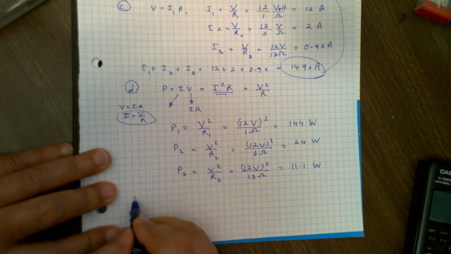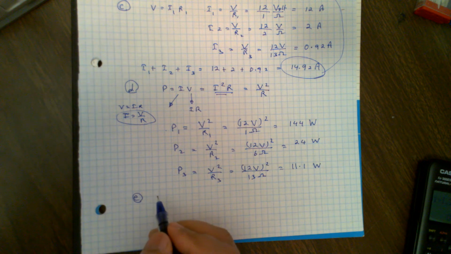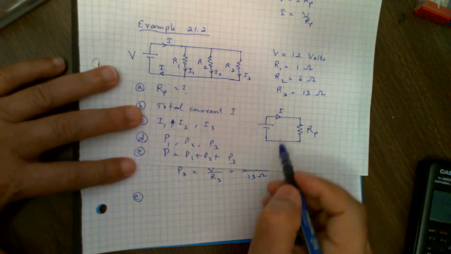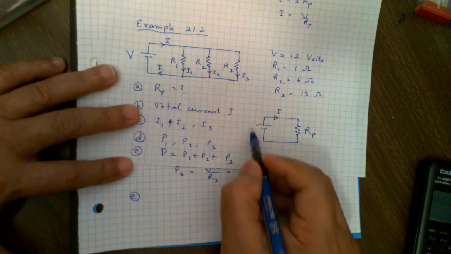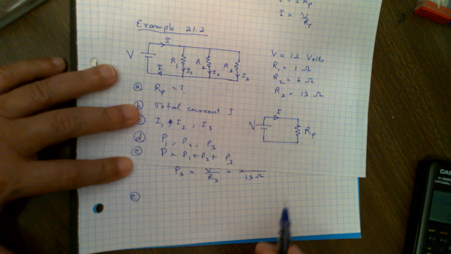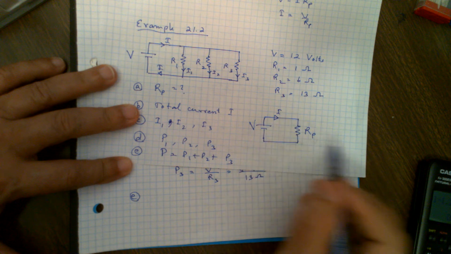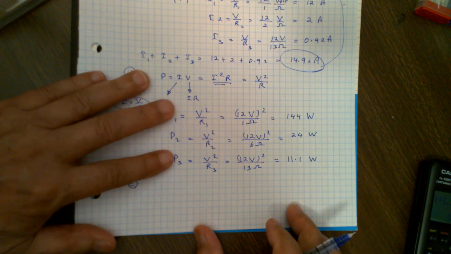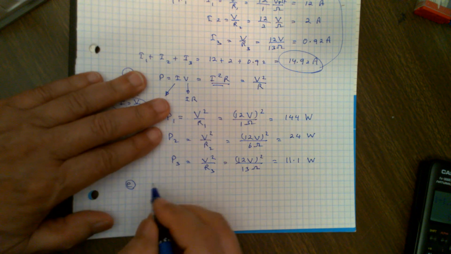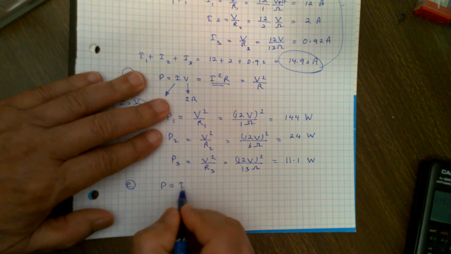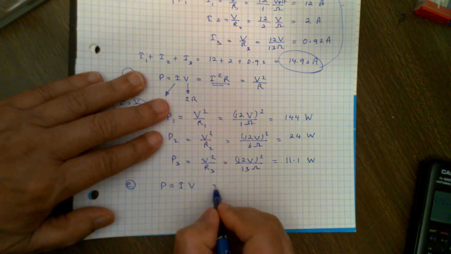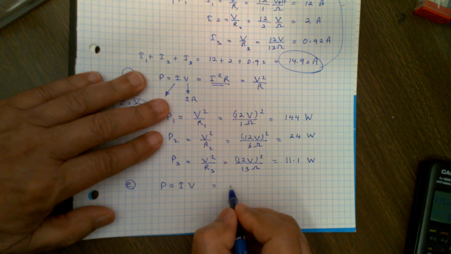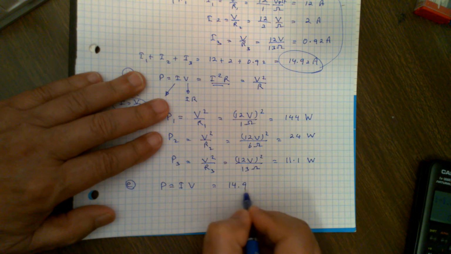Now for part E, I want to find P again, but from the total circuit, right? So this is V, so I want to find power from this circuit. If I do that, what do I get? P is equal to IV, and I is the total current. We know the total current is 14.9 amperes.